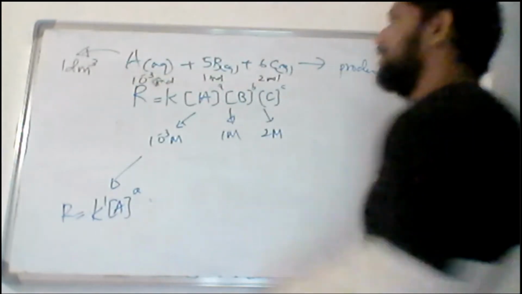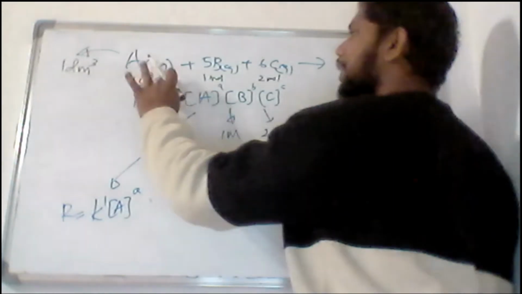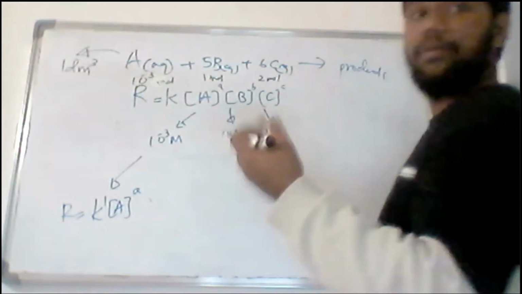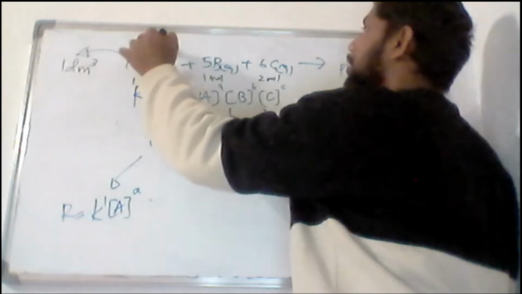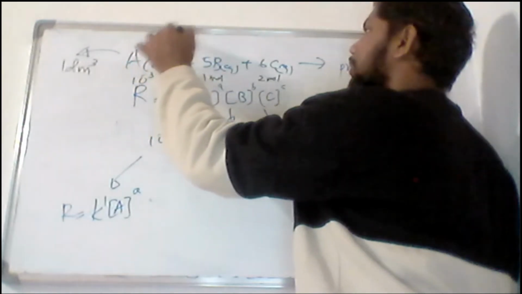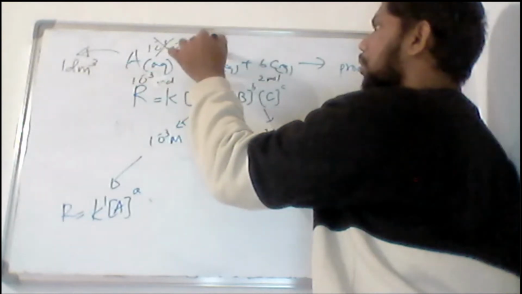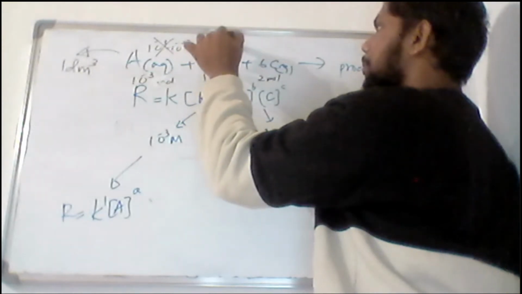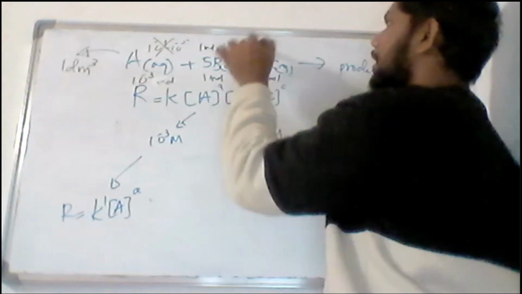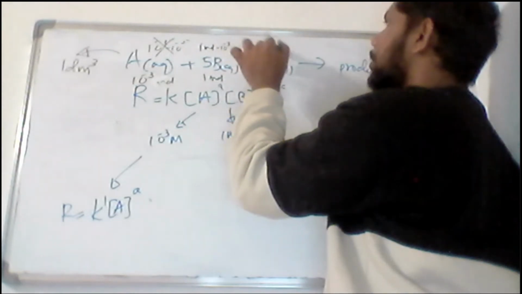You can imagine there will be no A remaining, because A is 10 to the power minus 3 and it will be consumed. No A. But B will be 1 mole minus 10 to the power minus 3, and C will be 2 moles minus 10 to the power minus 3.